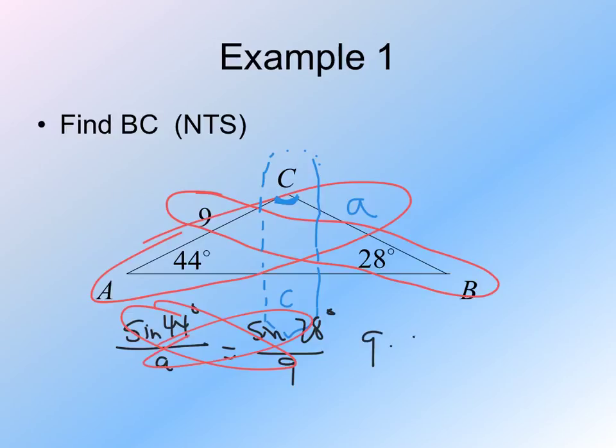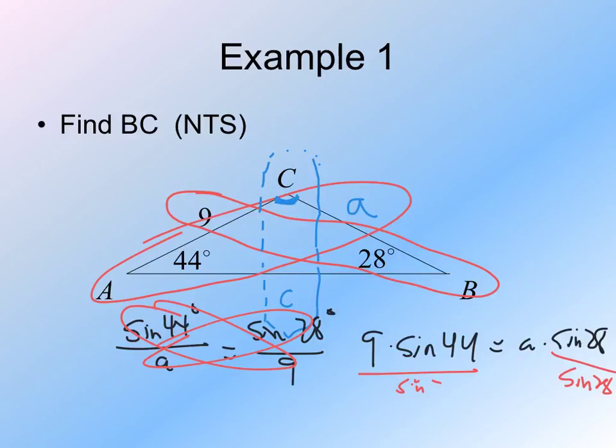It's 9 times sine of 44 equals A times sine of 28. And then, of course, to get the A by itself, our math step is to divide by sine of 28. Do that both sides. And then, of course, carry out the calculator arithmetic over here to get an answer for letter A.